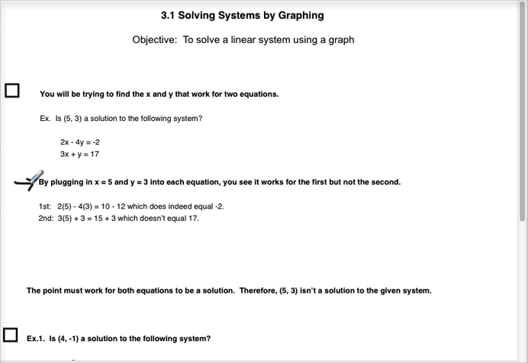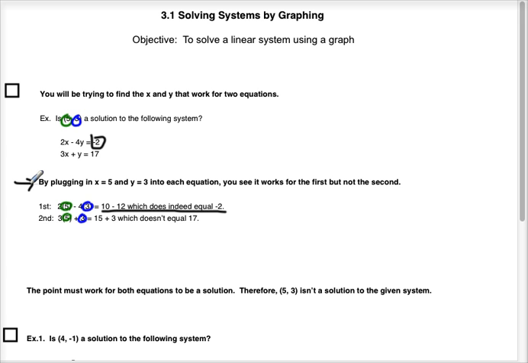So what they did, they put that 5 in wherever there was an x in the equation. They put a 3 in wherever there was a y in the equation, and they tested to see what they got. And for the first one, they actually got that -2 that they were looking for.